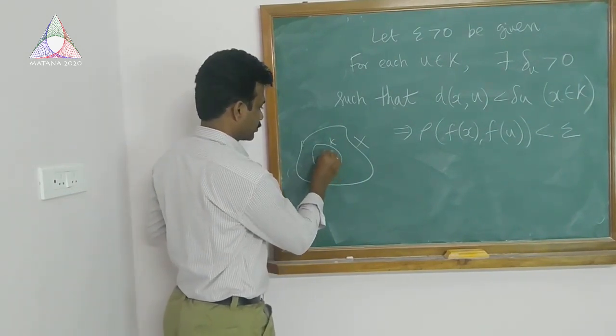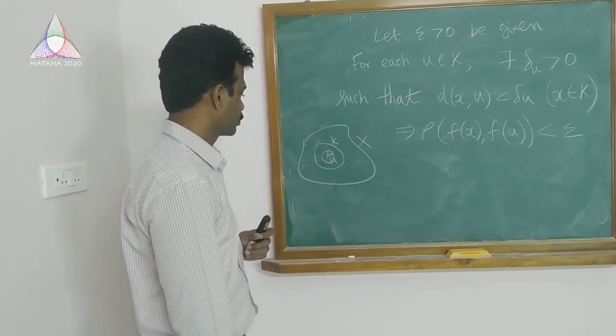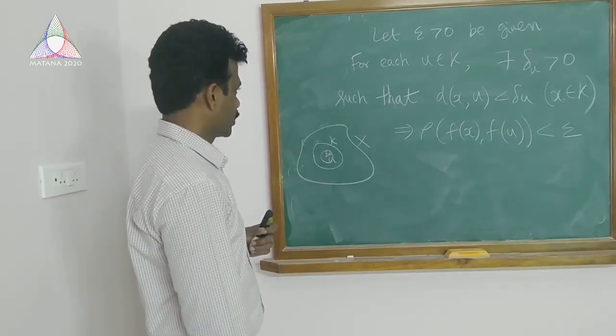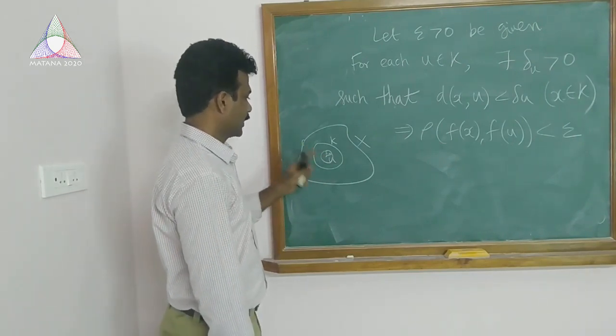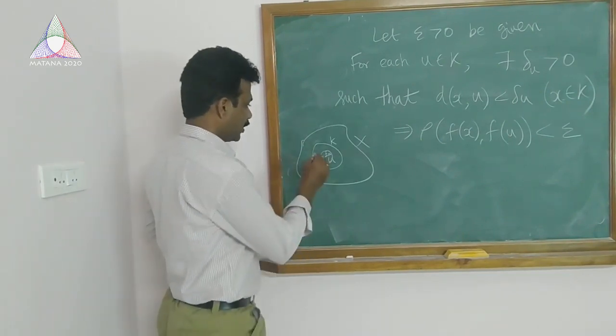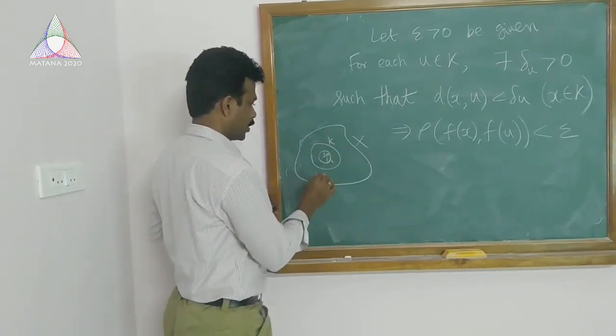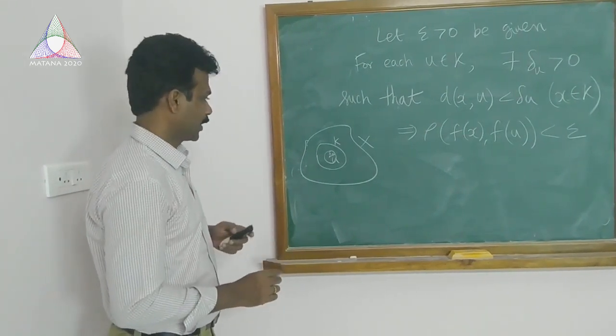a delta, which is denoted by delta u. So this delta is coming from the continuity of f at u. So at every point in the set K, we can find an open set containing u.